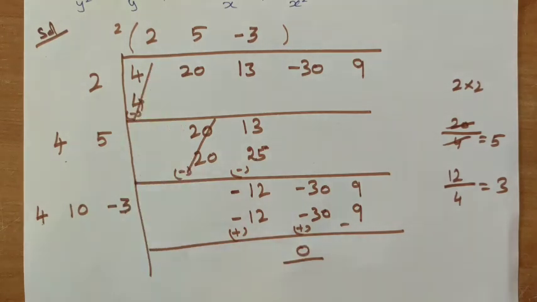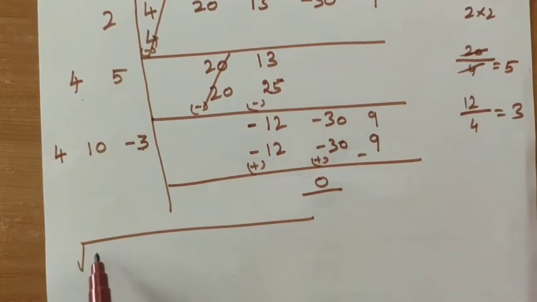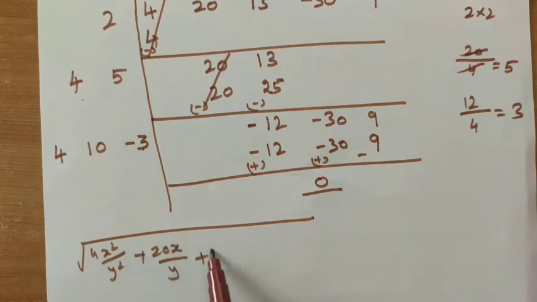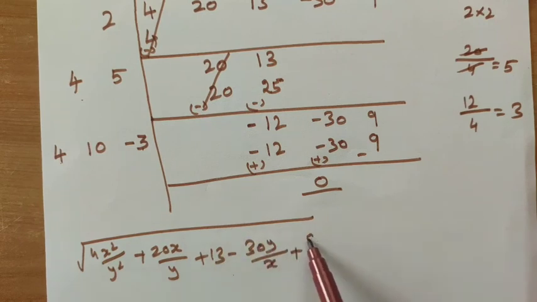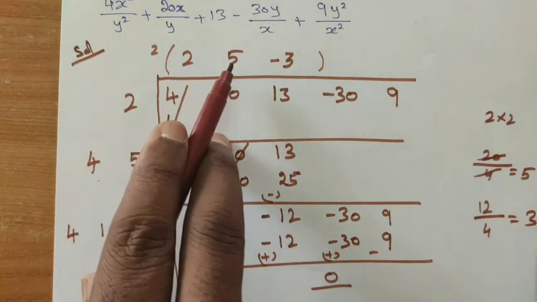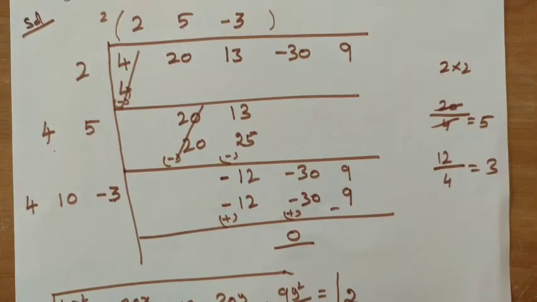We want to find the answer. So the given value should be written in the square root, that is 4x² divided by y² plus 20x divided by y plus 13 minus 30y divided by x plus 9y² divided by x² is equal to, within the modulus, what we have found: 2, 5 and minus 3, that is 2 plus 5 and then minus 3.